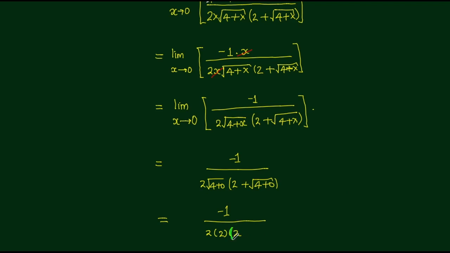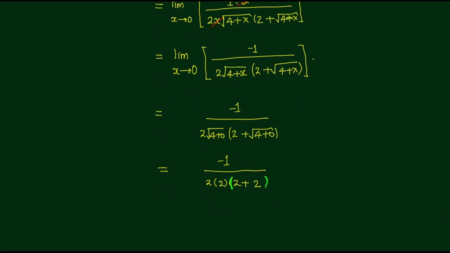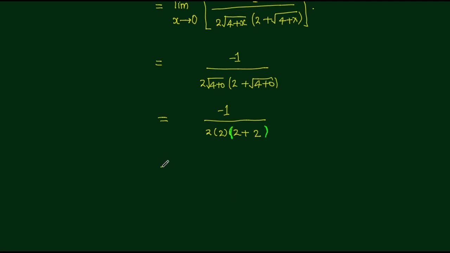Maybe we can use a different color here because it might confuse us. This is part of the conjugate from the numerator, so this is going to be also 2. Now we can move on and simplify those together and see that negative 1 divided by, so this one simplifies to 4 times also 4.